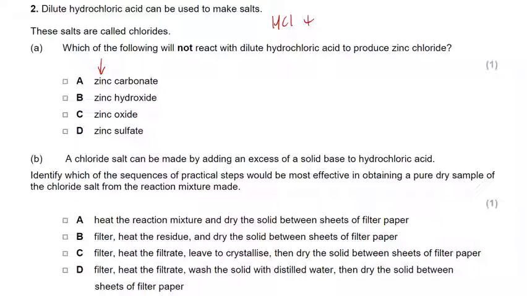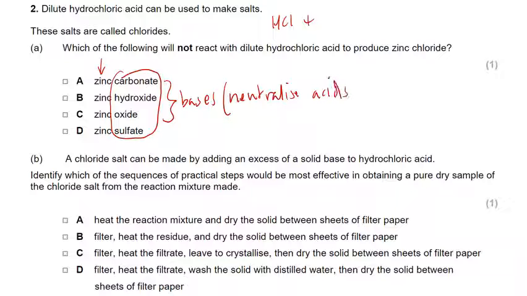And if we look at the second part of the compound's name, you will see that the first 3 are what we call bases, because these are what you've studied. Bases are always metal carbonates, metal hydroxides, or metal oxides. So your bases are just something which can neutralize acids to form a salt and water.